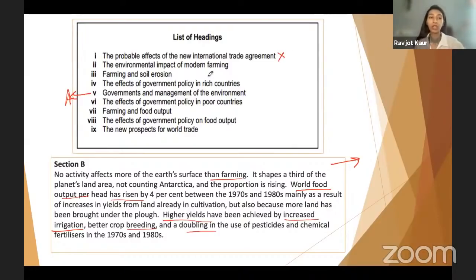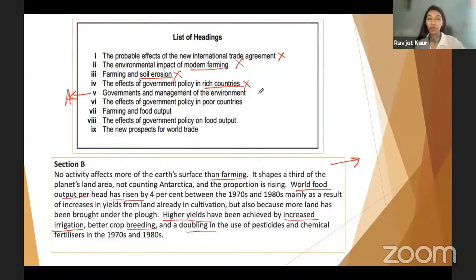Let's jump onto the second option. The environmental impact of modern farming. No, they have not discussed anything related to environment. What about farming and soil erosion? Nothing related to soil erosion as such. The effects of government policy in rich countries, nothing related to rich countries.